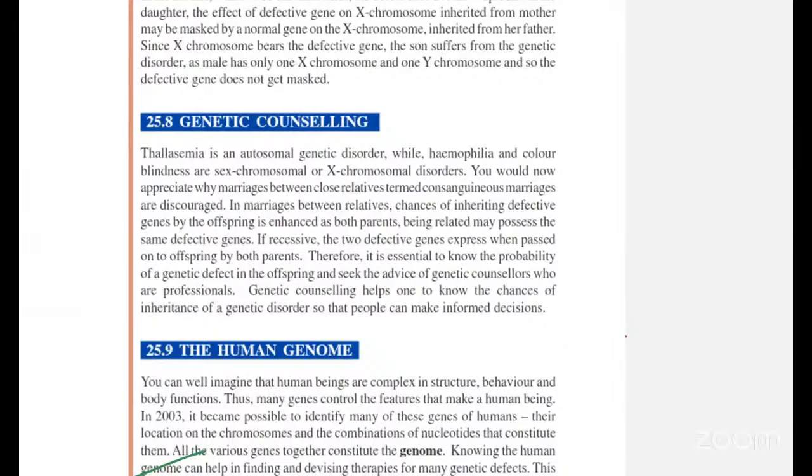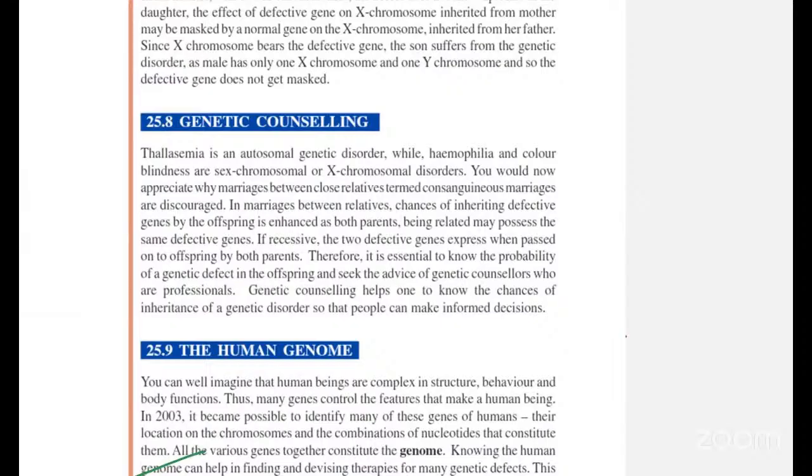This is discouraged. You know why? For example, if the grandfather has one defective gene, and that defective gene is passed to the father and also to the chacha, and they have a combination like that, both the persons, like the father's daughter and chacha's son, each have one negative gene.